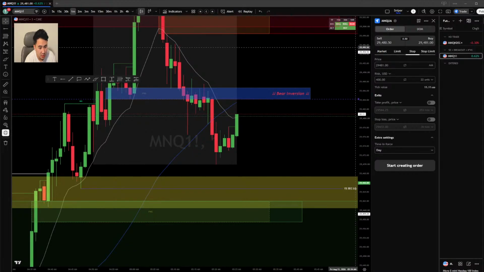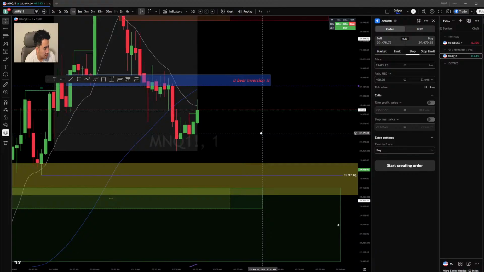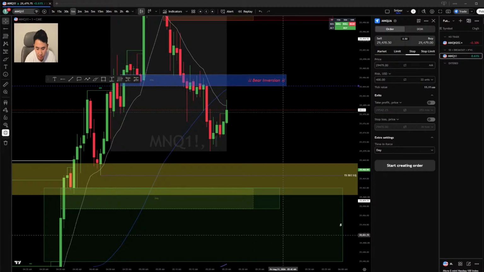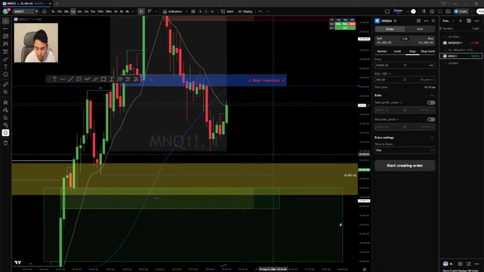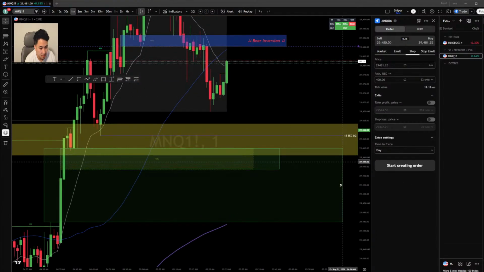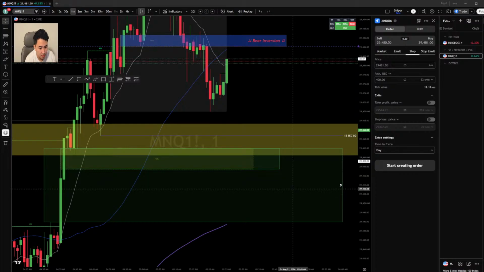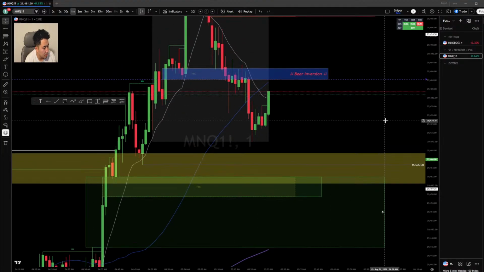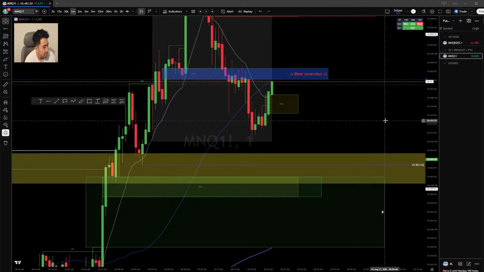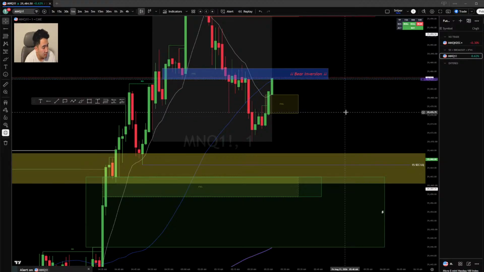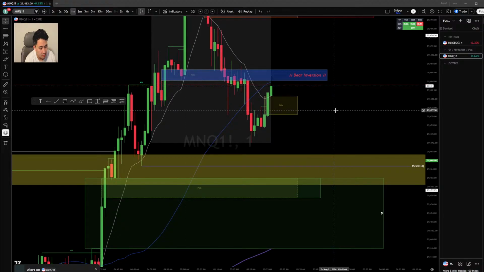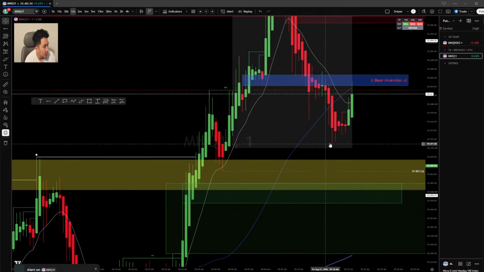See if it comes back and respects this bearish inversion here. Alright, let's switch to the Heikin-Ashi chart, 1 minute.